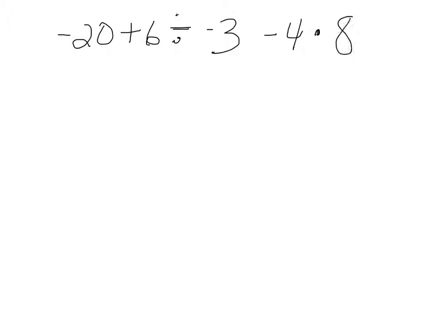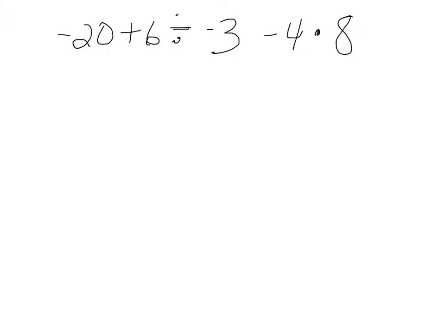Okay, now that we've touched on order of operations and gone through the basic review, now let's try it with our integers that we've been working with. So let's take a new problem. Negative 20 plus 6 divided by negative 3 minus 4 times 8.